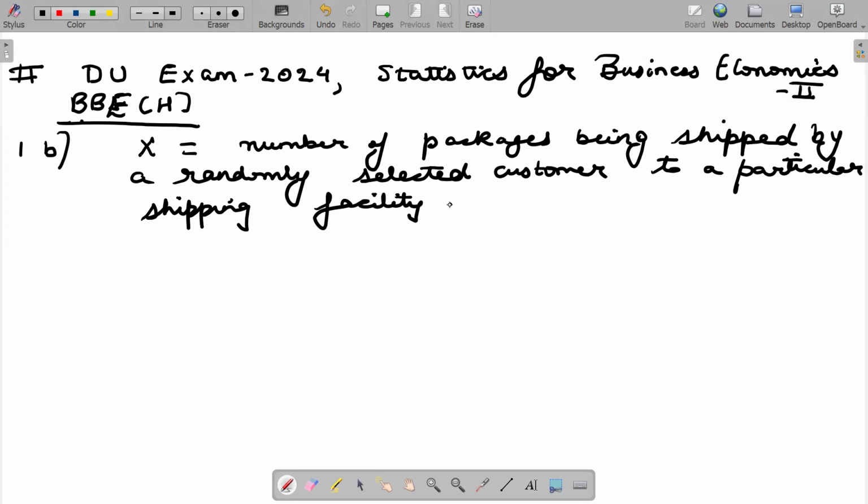Okay, this is my random variable X. And now two customers are selected at random. We are also given the probability of one package being shipped.